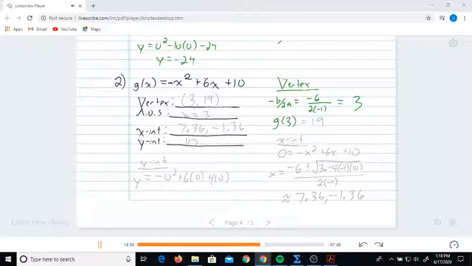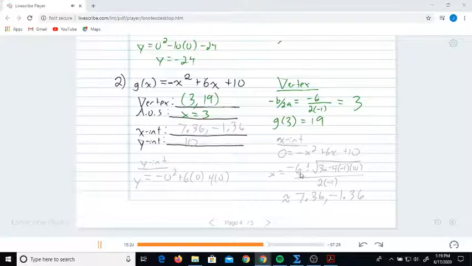Now I know x-intercepts are going to exist because it's negative out front and the vertex is at 3, 19. So it starts at 3, 19 opening down, which guarantees 2 x-intercepts. So to do that, we're going to have to solve this equation, setting the y value to 0. Now unfortunately, this is not easy to factor, so we're going to go ahead and use the quadratic formula.